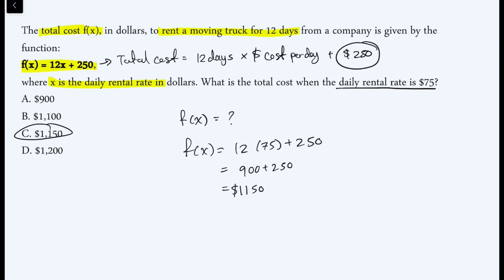So what we just figured out is that the total cost when the daily rental rate, or x, is $75 is going to be $1,150.